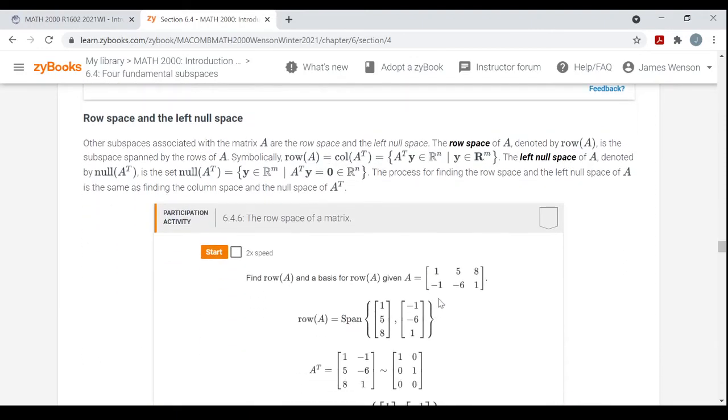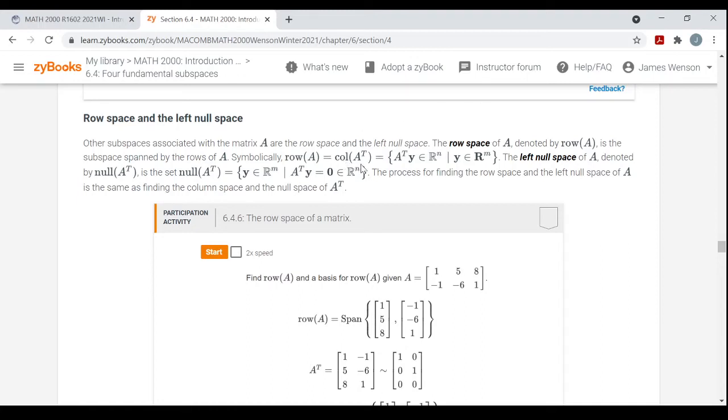All right, but finally, now since we've already seen the column space and the null space of a matrix, if you know how to find those two, these last two are pretty simple. The row space of a matrix is just the column space of A transpose, right?